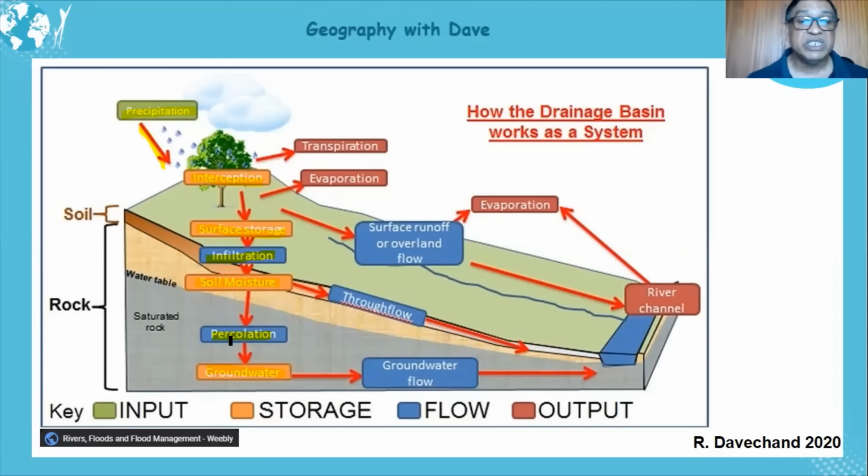Sometimes there's storage. You will get groundwater flow that will flow right through the ground. You'll get throughflow, where it flows between the rock structures, etc. You will get surface runoff over land.